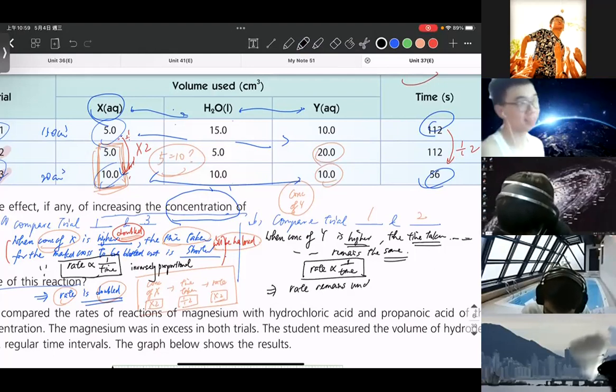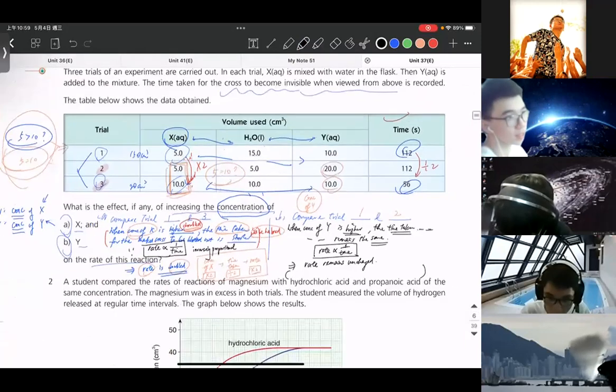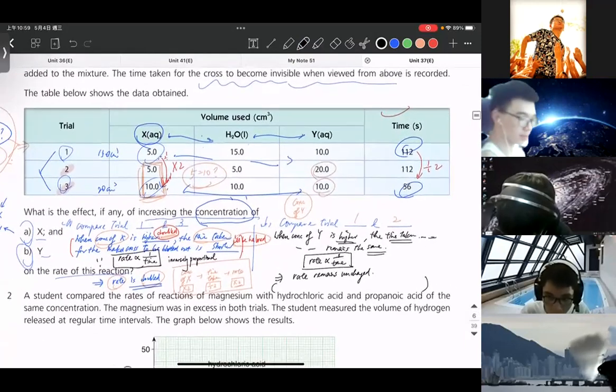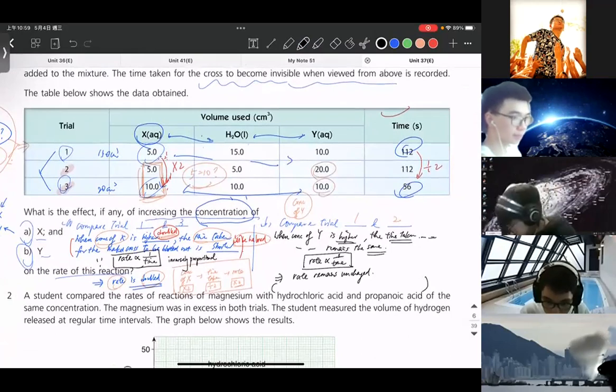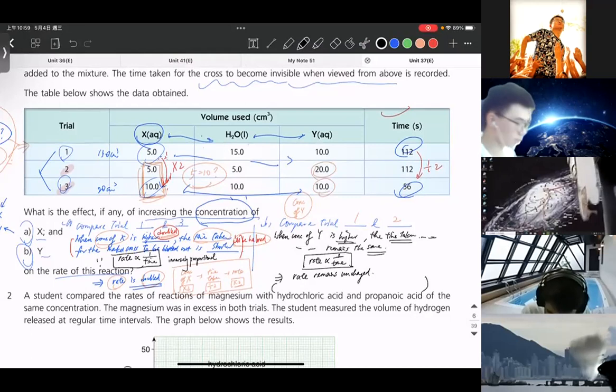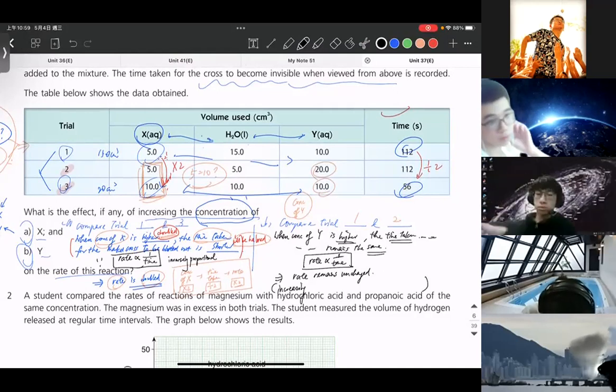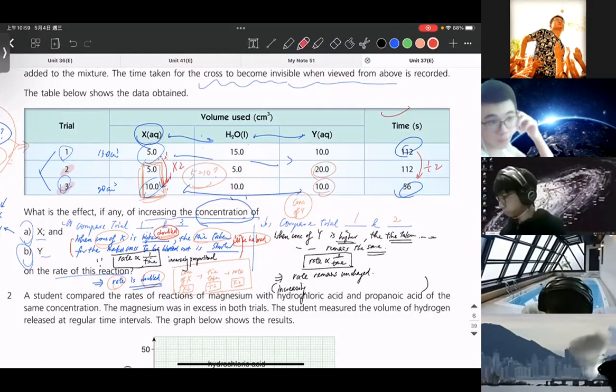So can you tell me the very important statement about the effect of increasing the concentration of Y on the rate? What is the relationship between the two? When the concentration of Y is doubled, the time taken remains unchanged, and thus the rate remains unchanged too.